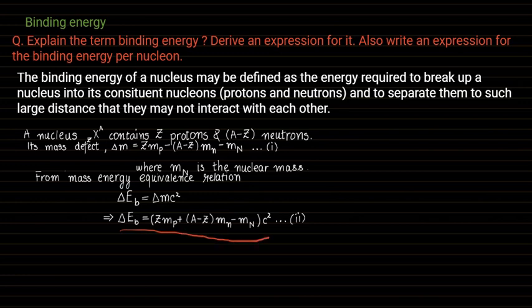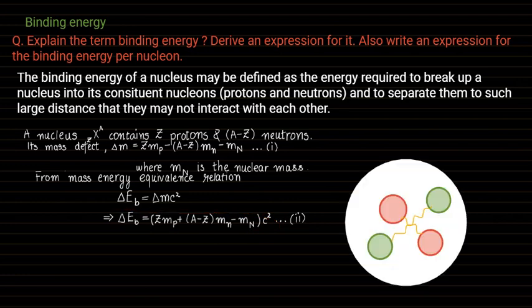So this is the binding energy expression for the nucleons inside the nucleus. The amount of energy by which these nucleons, that is your protons and neutrons, are bound together inside the nucleus is your binding energy, which can be given by this expression. Fine.